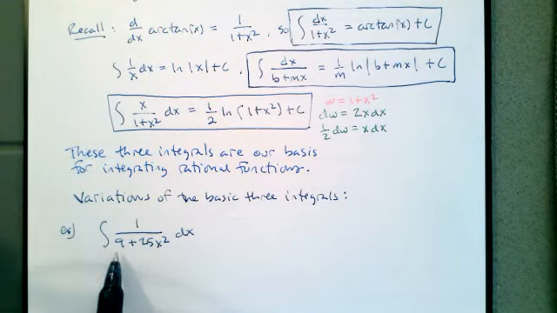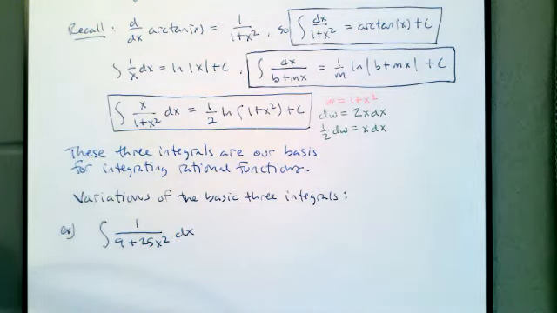It's just that there's a 9 for the constant and a 25 for the coefficient. The first thing that we think of when we see 1 over a quadratic with complex zeros is that this is going to be some kind of arctangent. We have a constant over a quadratic with complex zeros. That's going to lead to an arctangent.